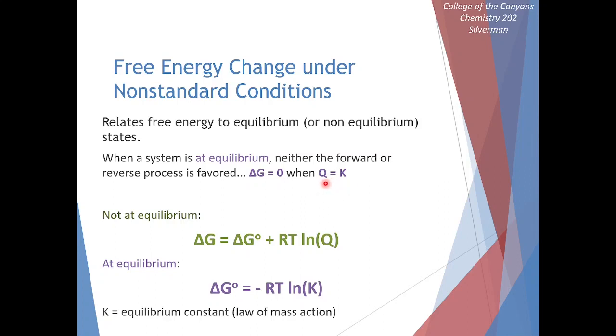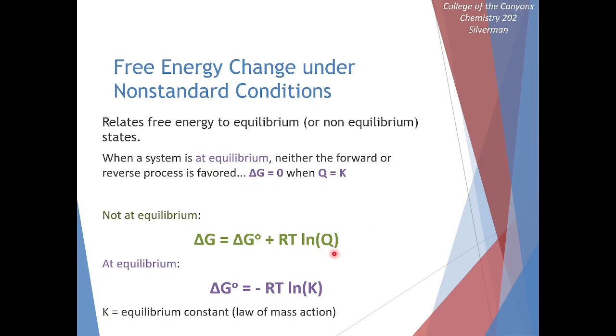Additionally, if we are at equilibrium, then our change in free energy is going to be exactly 0. We're not going to spontaneously do the forward reaction, and we're not going to spontaneously do the reverse reaction. At equilibrium, we're doing both reactions in equal amount, and our reaction doesn't shift one way or the other. It remains where it is. It remains with those steady concentrations.